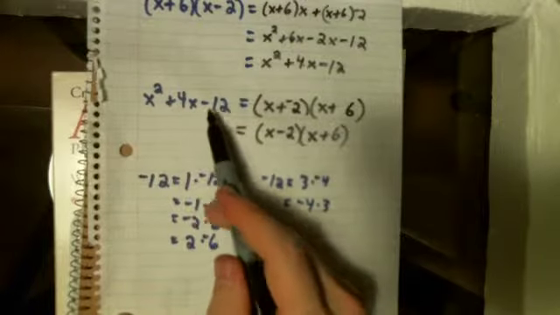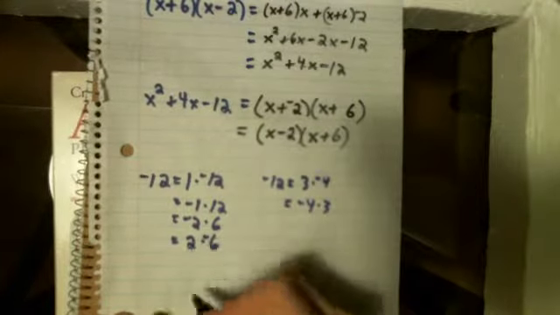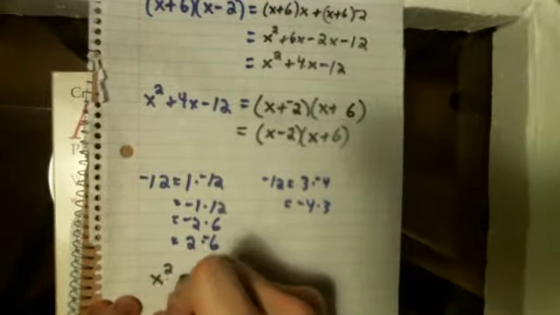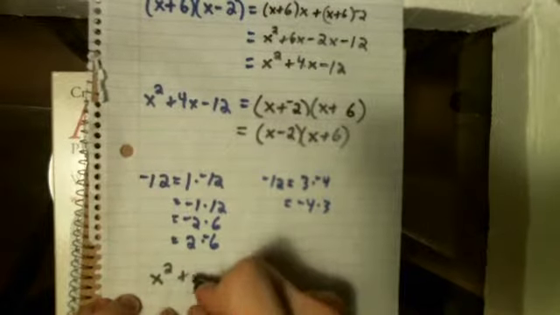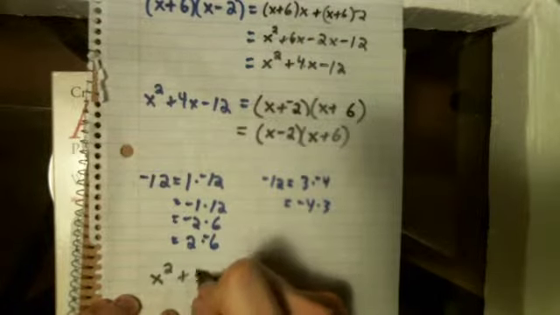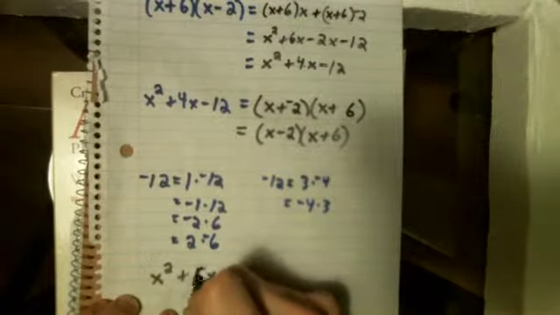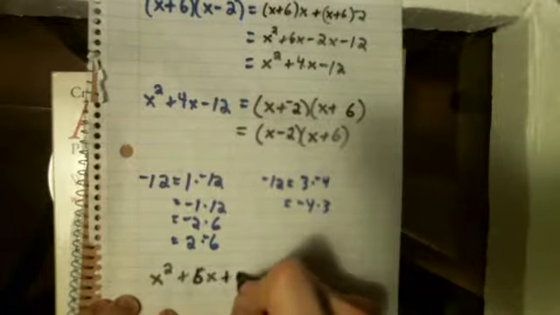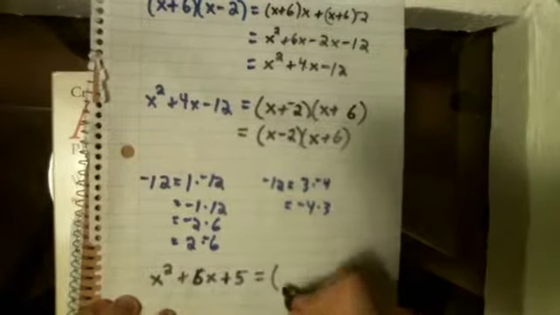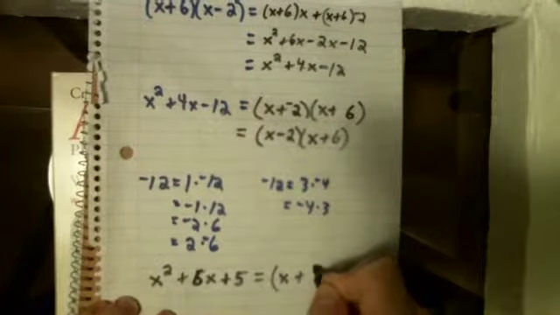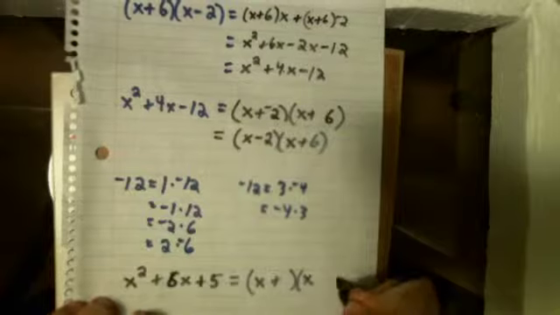So when you're factoring, the process is, let's say we want to factor x squared plus 6x plus 5. And we want to write this as x plus some number times x plus some other number.